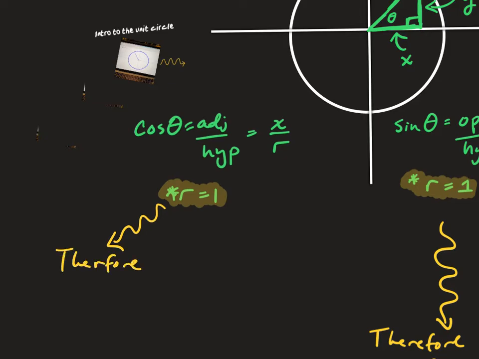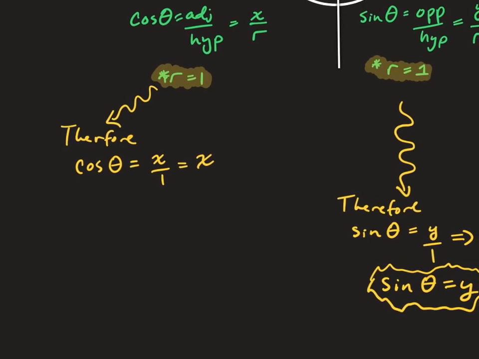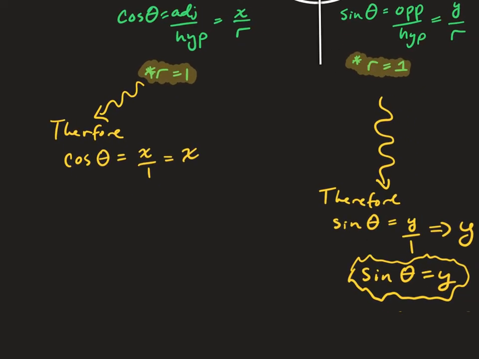Therefore, cosine theta would be x over 1, and x over 1 is equivalent to x. So that leaves us with cosine theta is equal to x.